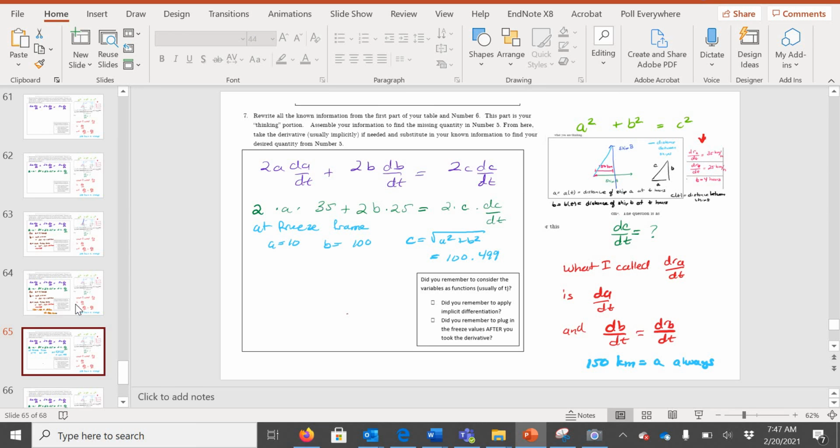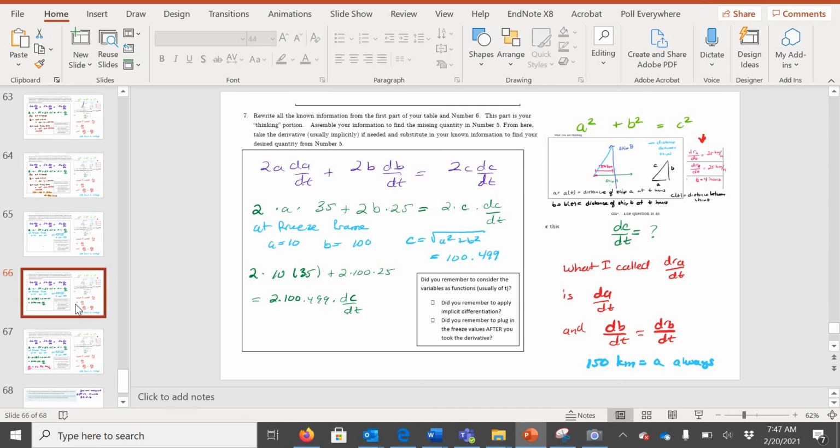That's really confusing, and I hope that I explained that decently enough. If not, send me a text or send me an email. So if I plug everything in, A equals 10 at the freeze frame moment, B equals 100, and C is 100.499, now I'm left with only dC/dt.